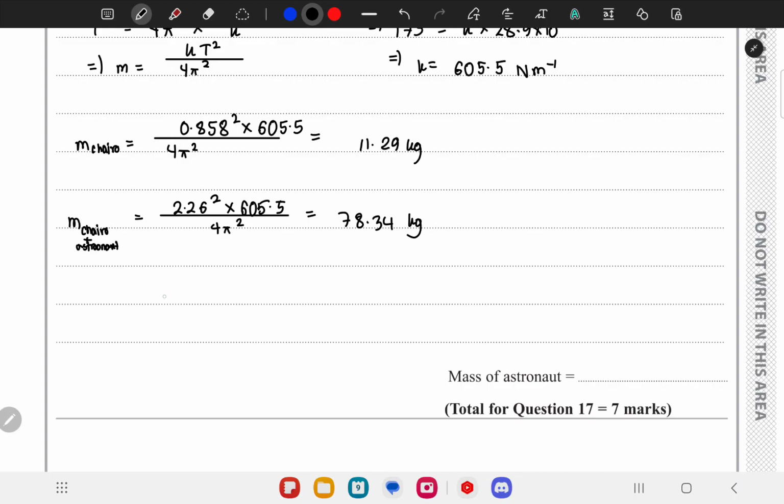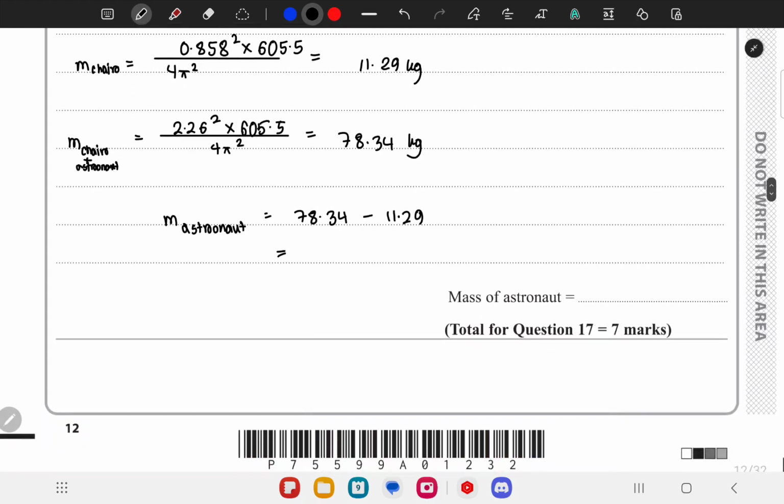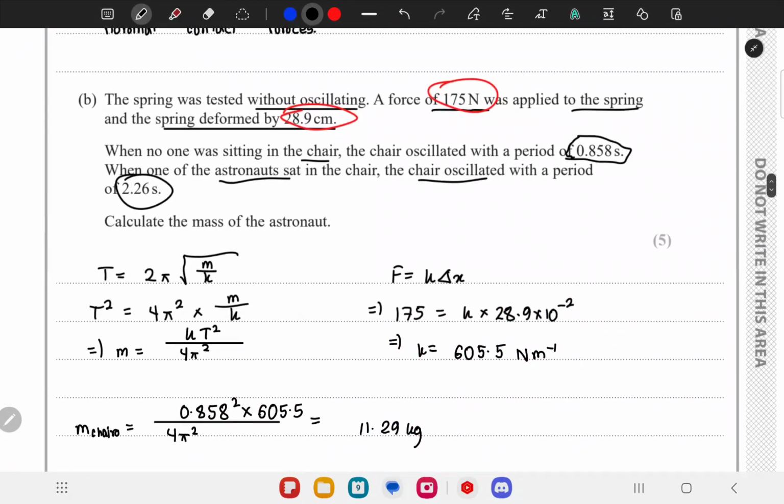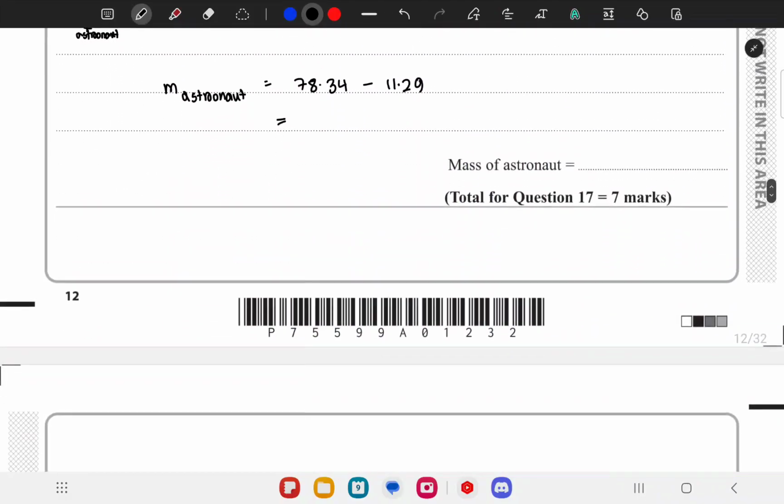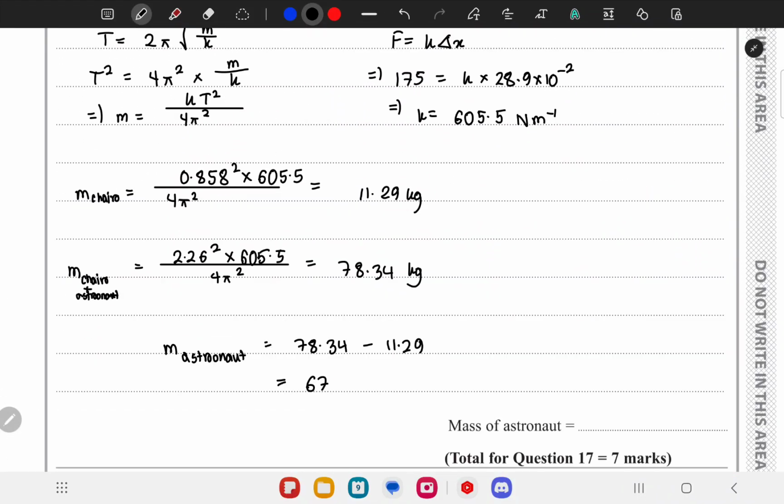And the mass of the astronaut will be the difference in mass between these. So mass of astronaut is 78.34 kg minus 11.29 kg. So the astronaut has a mass of 67.1 kg.